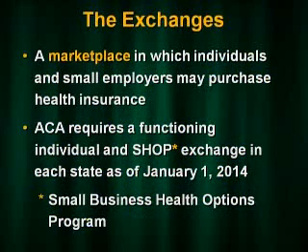The ACA requires that there be an exchange or a marketplace for individuals to purchase coverage and for small employers to purchase coverage. The small employer exchange is called the SHOP exchange, Small Business Health Options Program. Don't ask me why. But in any event, there's an individual market and a small group market.